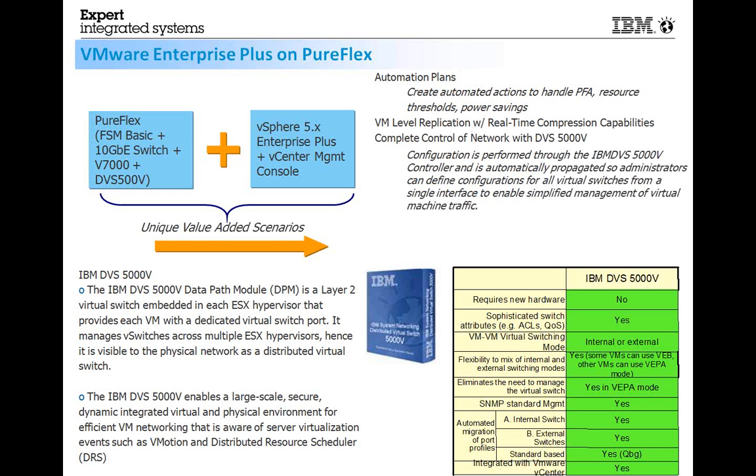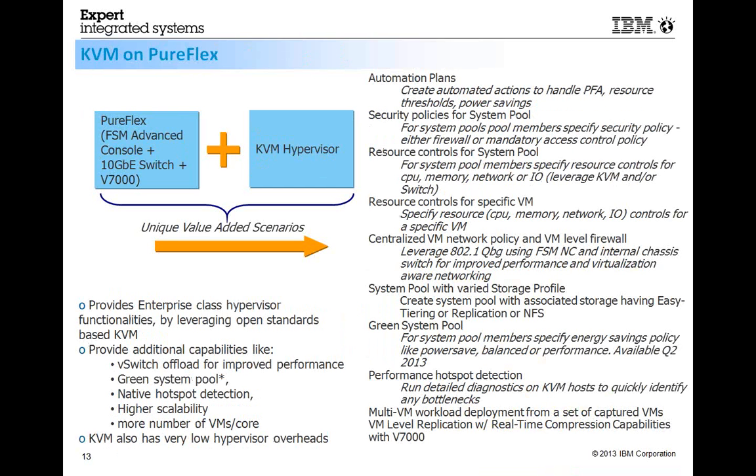Now, at the same time, there will be some customers who will say, I want to use KVM as a hypervisor. Now, KVM as a hypervisor, as you all know, is a Linux-based hypervisor. While VMware is the market leader today, Linux-based companies are also looking at options such as this, right?